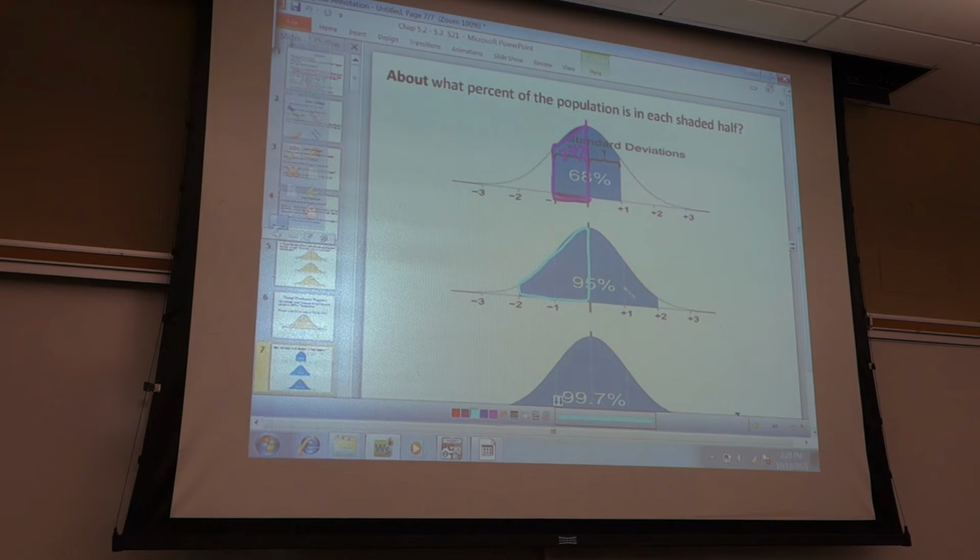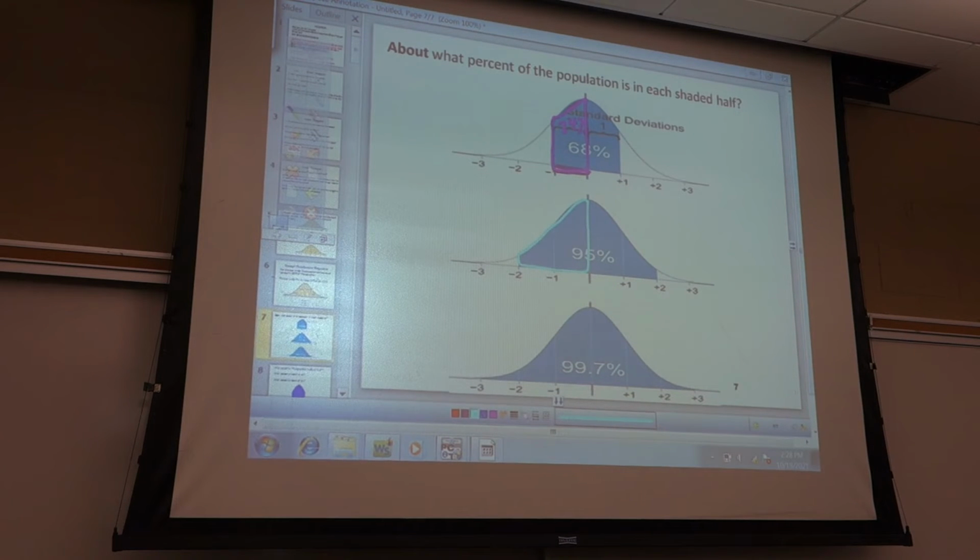All right, so everybody, on your own, find what is the percent of population in this part here that I've circled in bright blue. Yeah, go ahead. 47.5%. Good. Half of 95%. And then everybody find this half here.